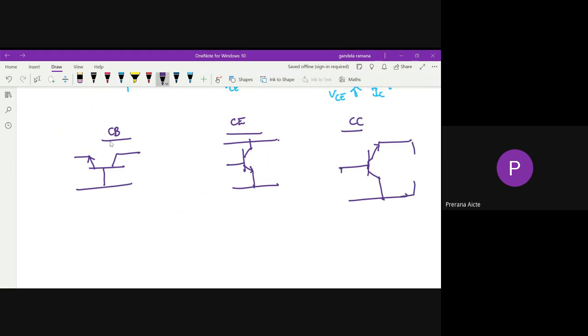When it is in the active region, the emitter base junction is forward biased and the collector base junction is reverse biased.